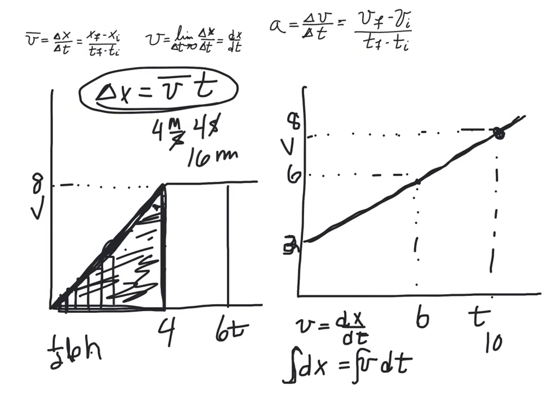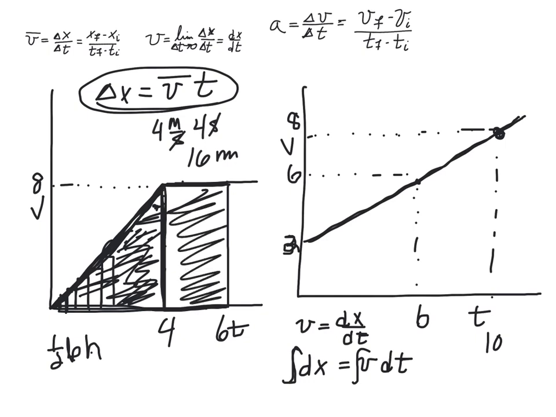So if you come to a place where the velocity is constant, it's 8 and not changing, and it moves at that rate for 2 seconds, you simply multiply the 2 times the 8, and you also get 16 meters. So it covered 16 meters during this interval and another 16 meters during this interval.